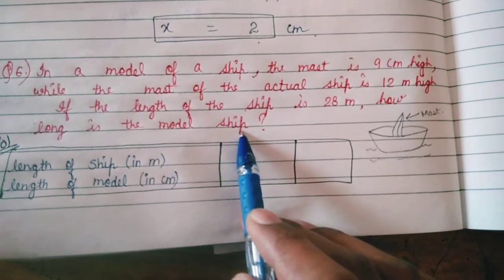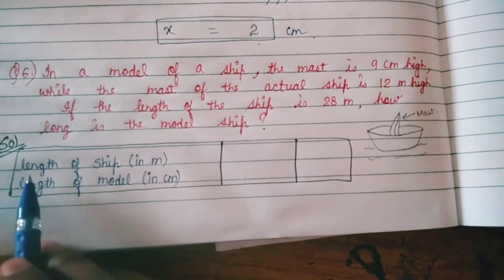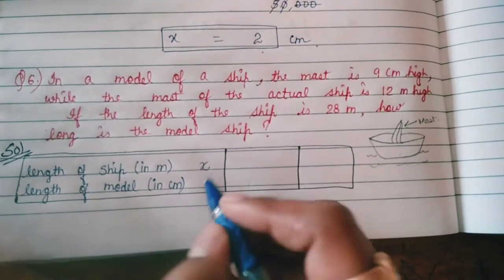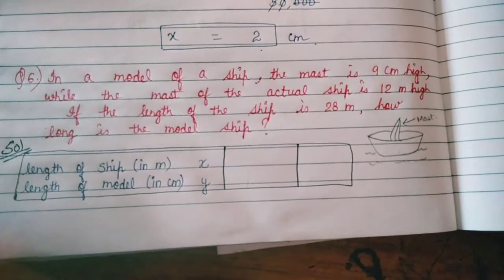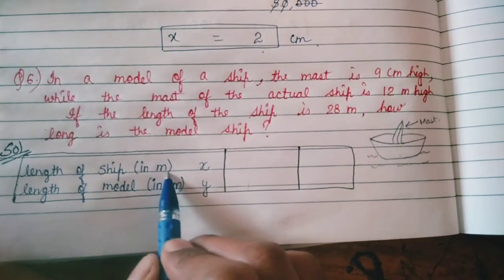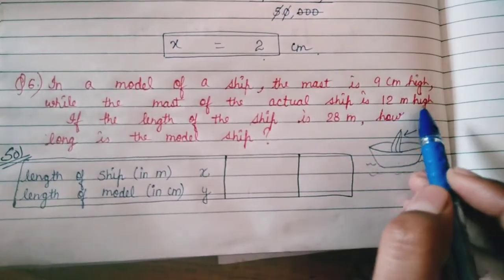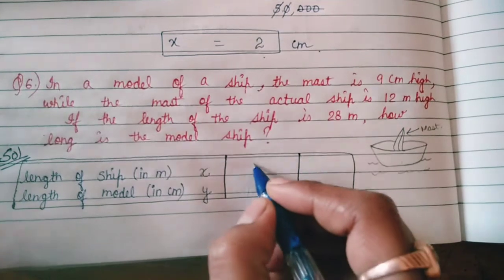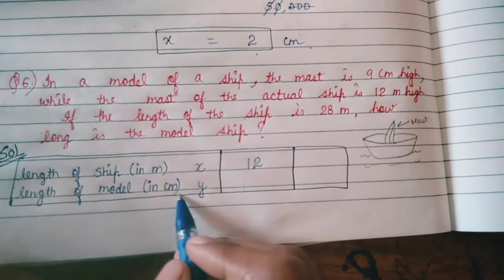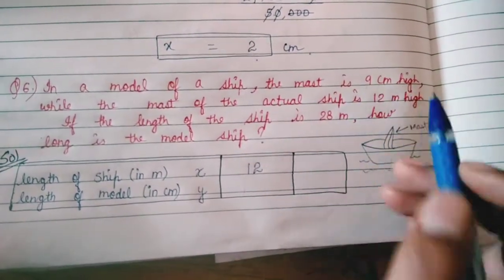Okay, so for solving this question I drew two things: length of ship, which is denoted by x, and length of model, which will be denoted by y. So length of ship in meter, the actual ship is 12 meter high, so here 12. Length of model in centimeter is 9 centimeter.